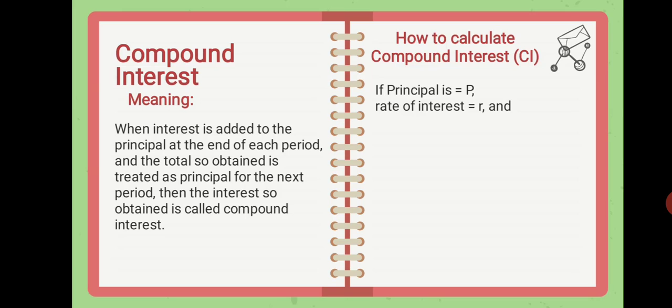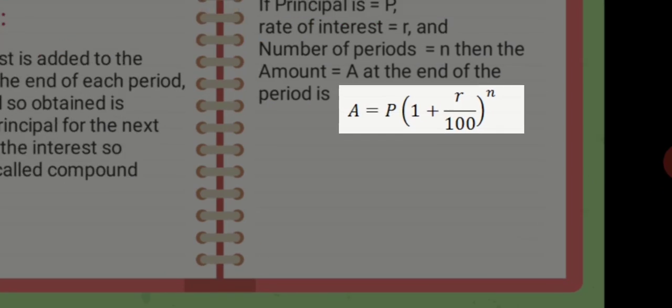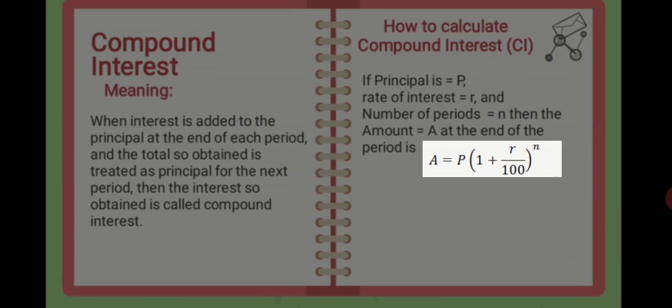Then the amount A at the end of the particular period is, we can use this formula to calculate directly, A equals P into bracket 1 plus R upon 100 bracket raised to N.